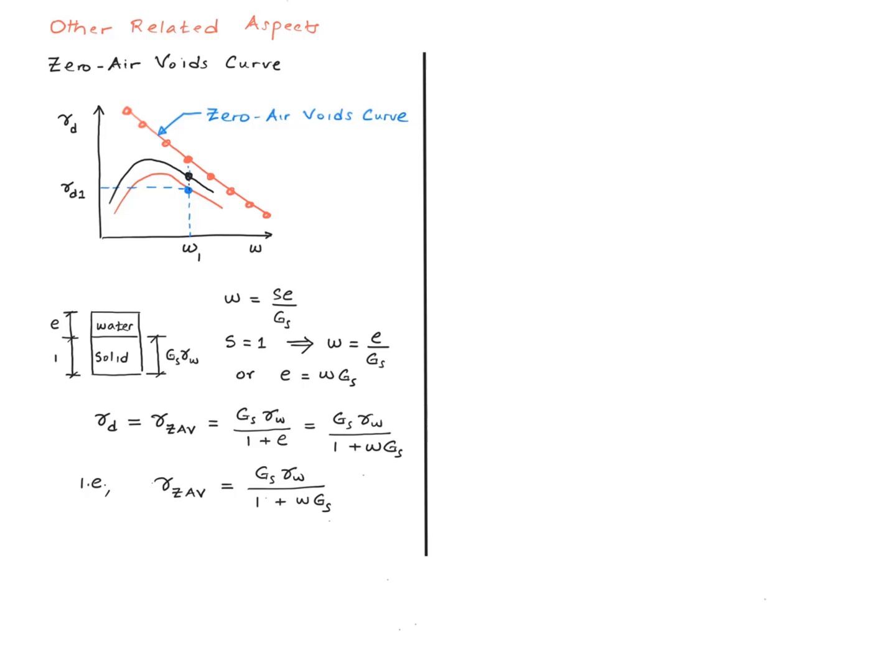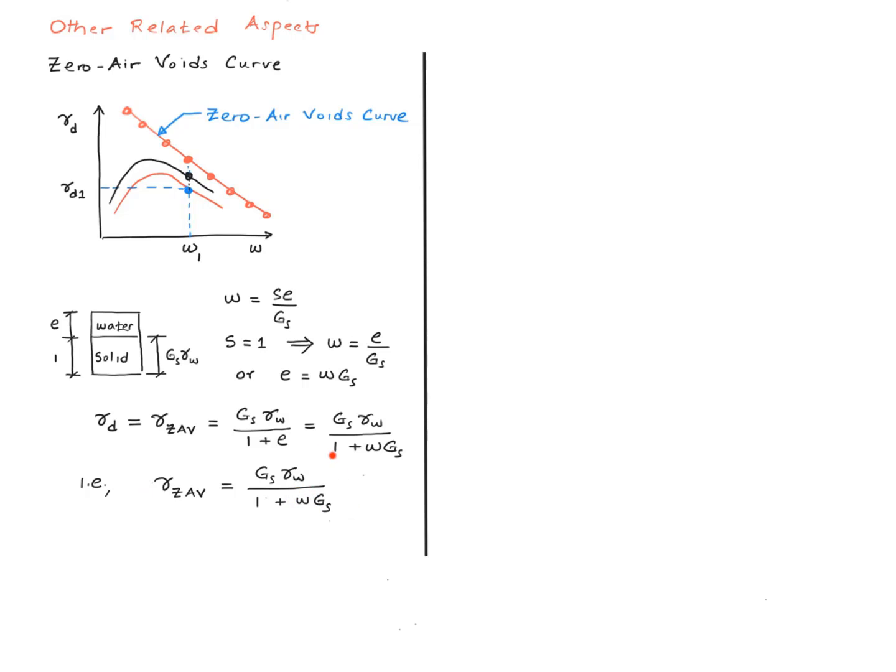And on the right hand side I have the weight, which is GS times gamma W divided by the total volume 1 plus e. And by substituting this for the weight ratio, I now have a relationship between the zero air void density and the water content. So this is that relationship, and in this relationship, if you notice, everything I have on the right side is a constant except for the water content.